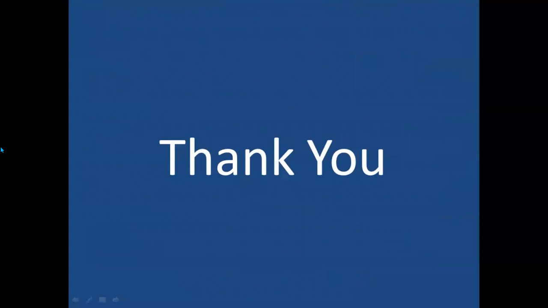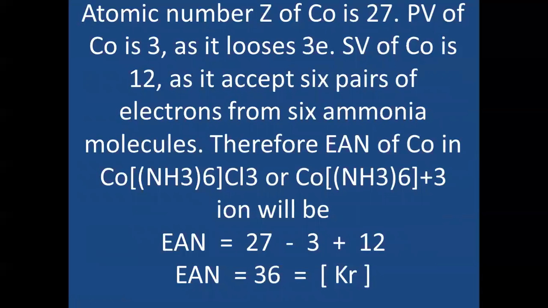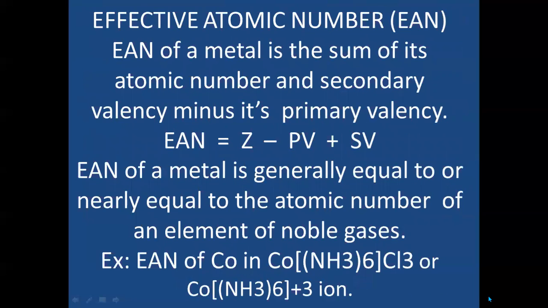So with this, let us conclude the session. In summary of this lesson, we have taken 2-3 properties of d block elements, which are called characteristic properties. The first one was the magnetic property.